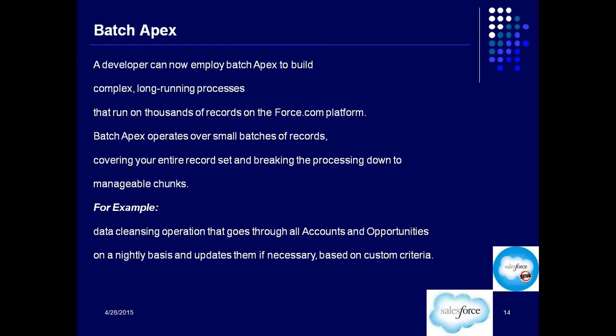Because we are talking about all the records, it's always a good idea to do it in batches. All right. You can only have 5 queued or active batch jobs at one time. So you can just have 5 batch jobs working at any point of time, active or queued combined.